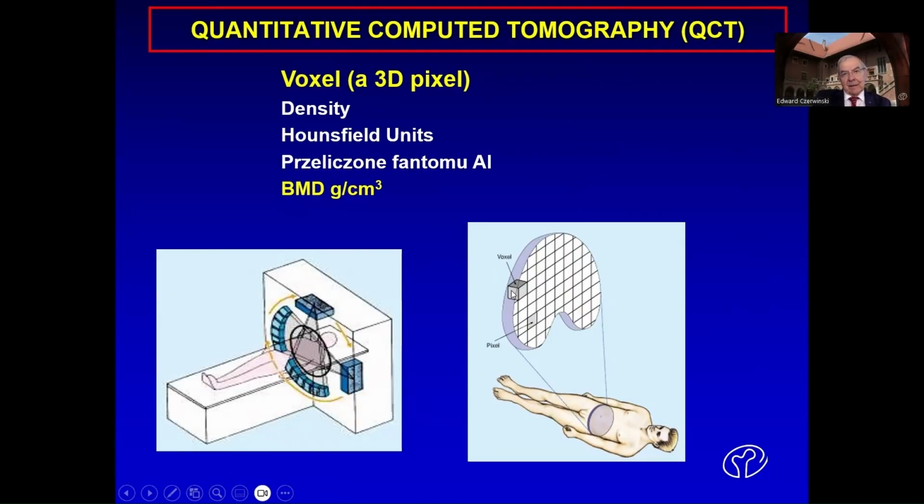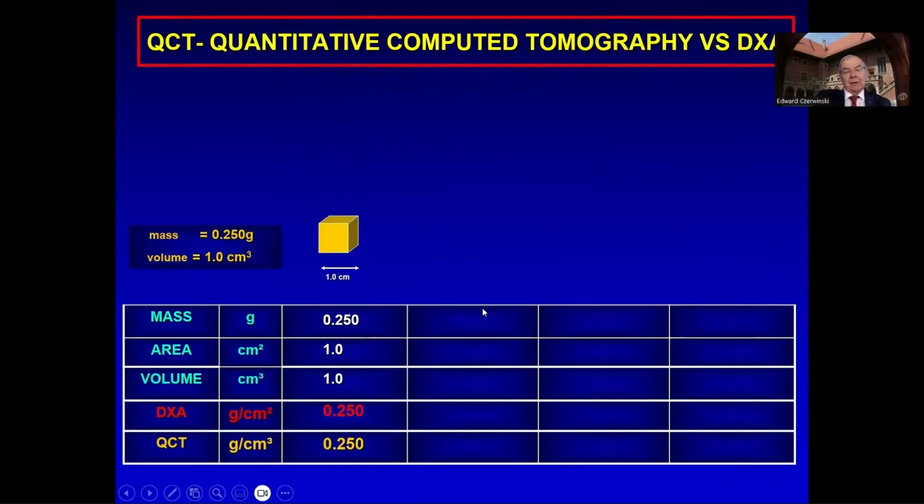So this is a single cube obtained from QCT, and this voxel has some optical density expressed in Hounsfield units. And when we compare with the aluminum wedge, we get the true weight, I mean grams per cubic centimeter. And this is the QCT.